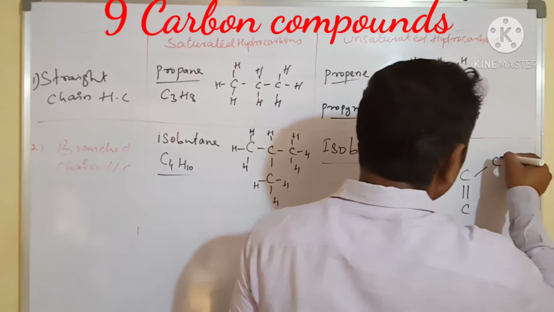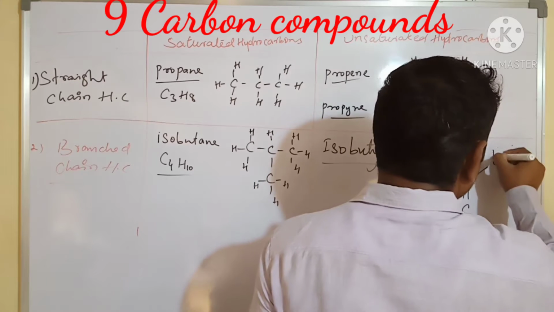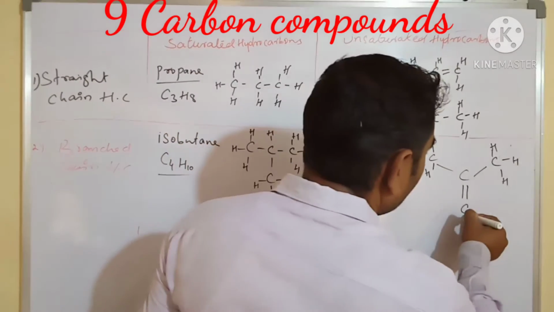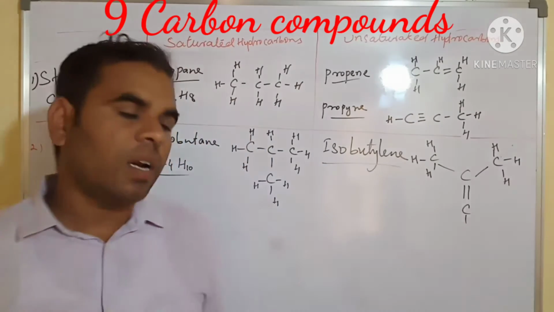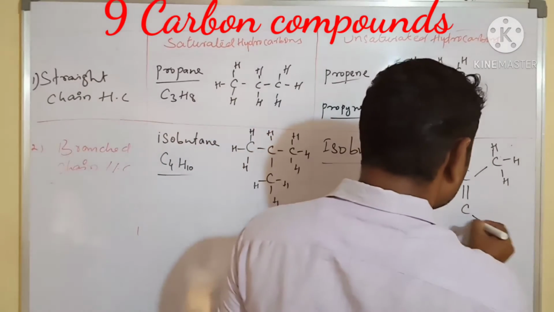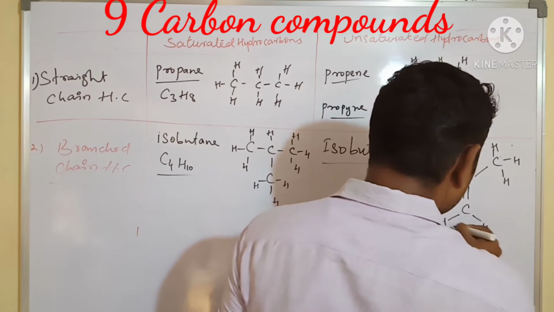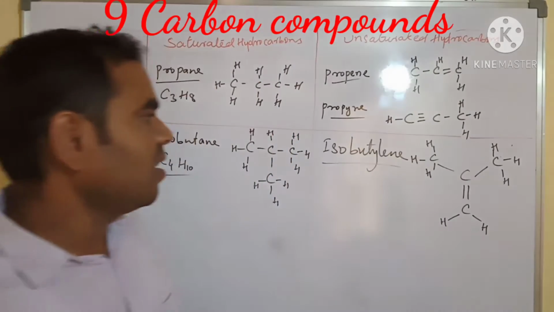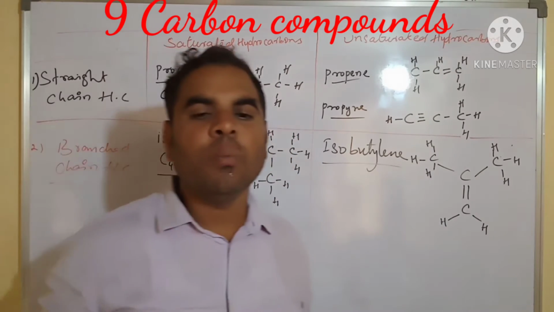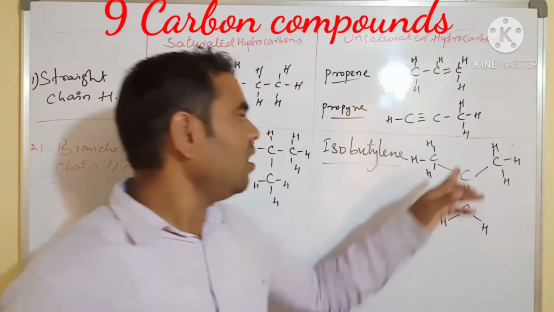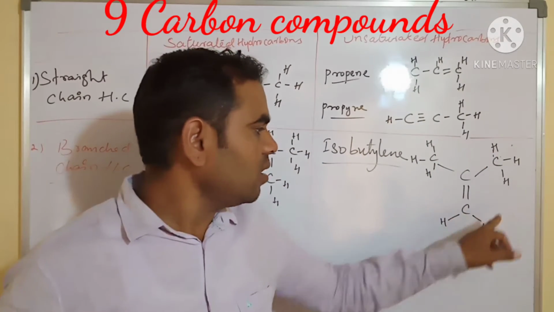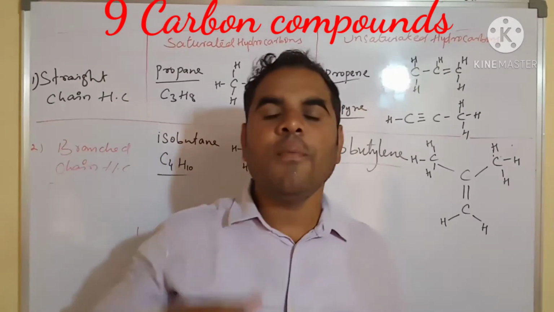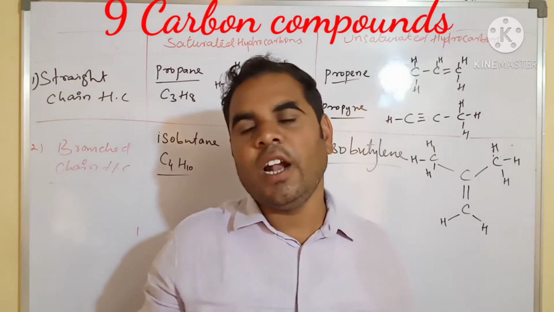You have to write it properly. Here also we write 2 hydrogens. This is isobutylene. How many hydrogens are there? 1, 2, 3, 4, 5, 6, 7, 8.